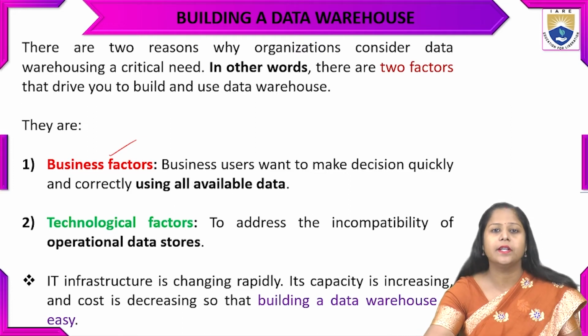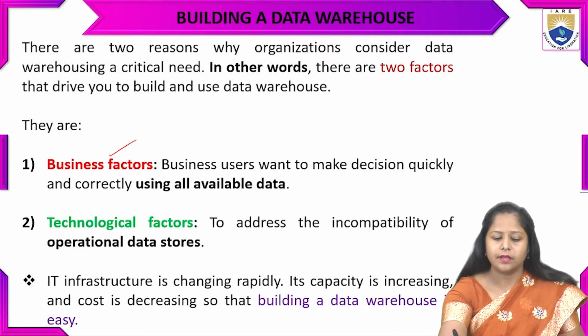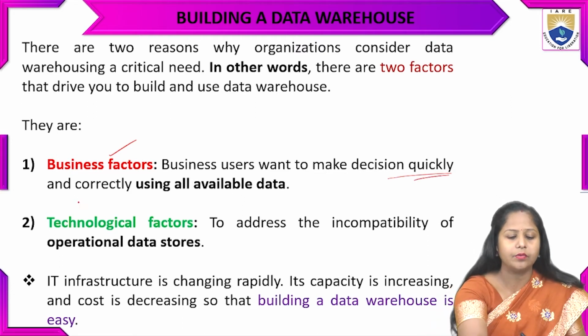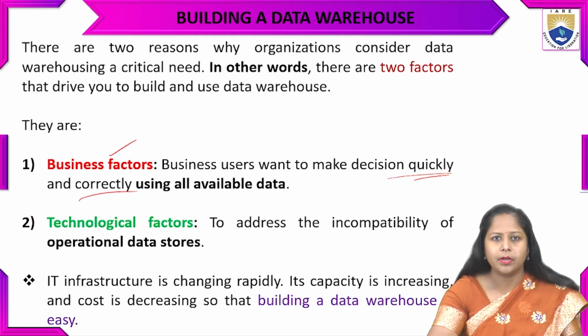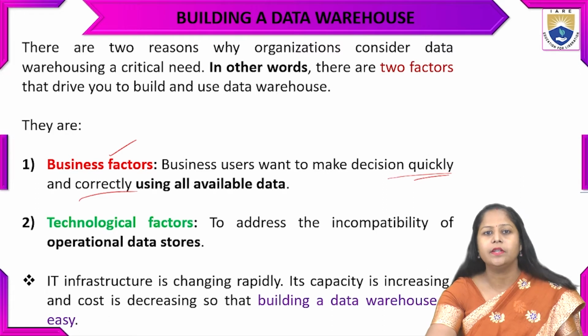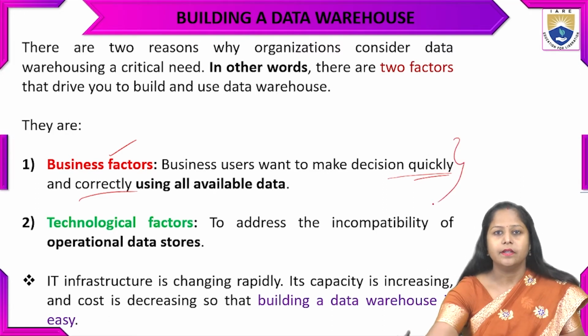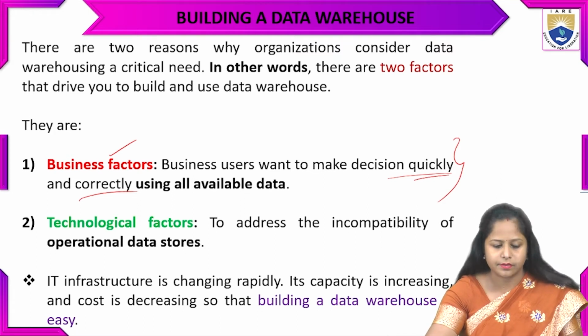So for that they need prediction. They need facts, so that they can be very quick, and also very correct in their decision. So for that they need all of the available data in the data warehouse, right? That comes under the business factor.